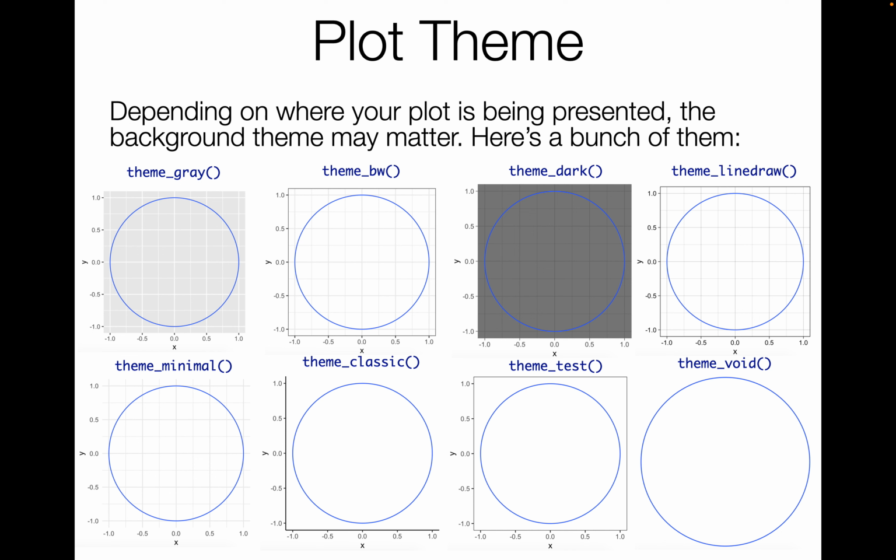What do you want the theme to be? Basically the background. What do you want the background to be? By default, and you'll see in class, I always run some code right at the beginning of all of my scripts that change the background to theme black-white. I don't like the gray theme, which is the default theme. Okay, I like the black-white theme, and so I always default it to theme_bw, but you can default it to whatever you want.